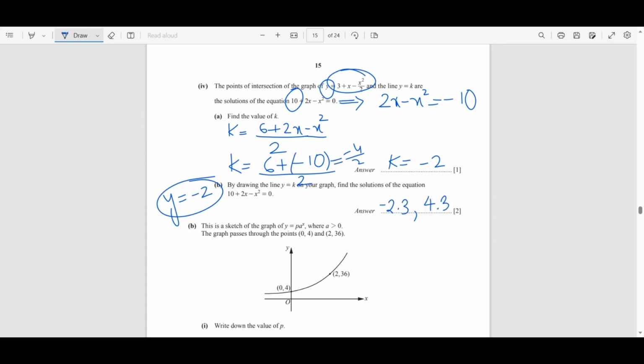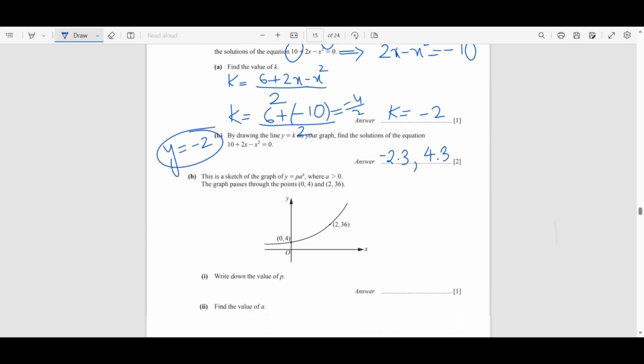And if we look at the marking scheme, it says negative 2.4 to negative 2.3 is the accepted region, so negative 2.3 is correct. And for the other value, it says 4.3 to 4.4, so it's fine. And the tolerance is plus minus 1 small square, so we're good.